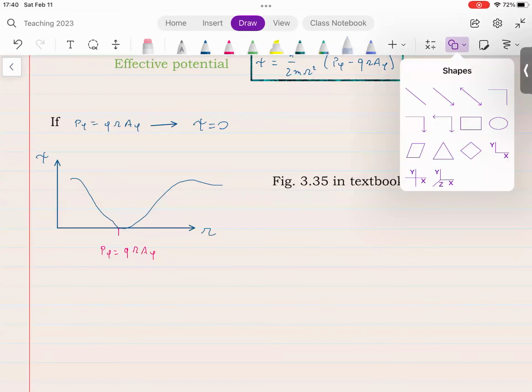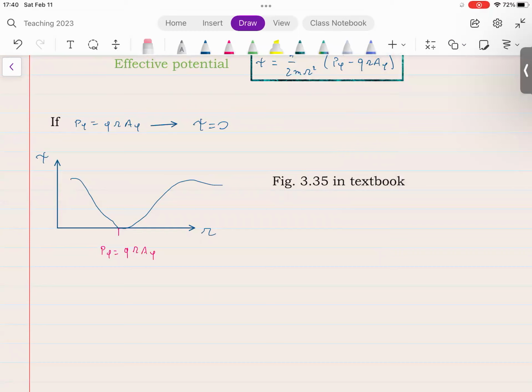One additional piece that's emphasized in this figure is that if I now fix the value of W, I'm going to have some bounds for the motion in the r direction. It's the classic problem of potential well.